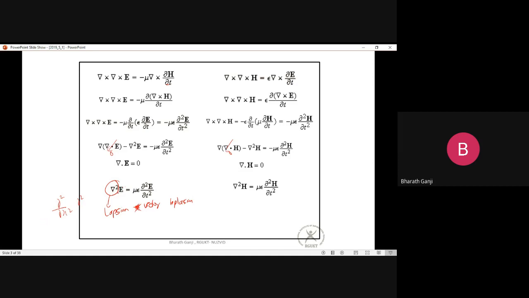So this equation simply says, if you take a double derivative of a field in space, and that field has a second order derivative in time, and both are equal to each other with some constant, then you can see a wave.